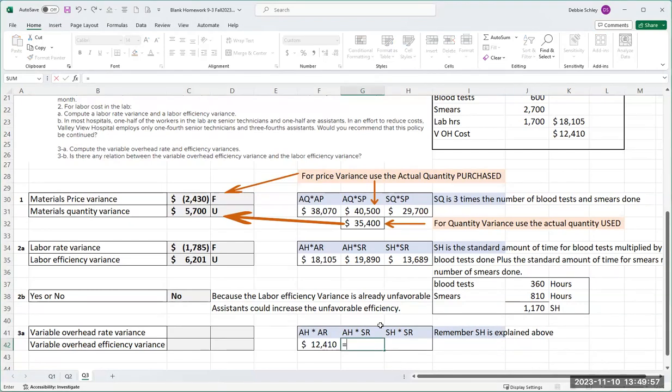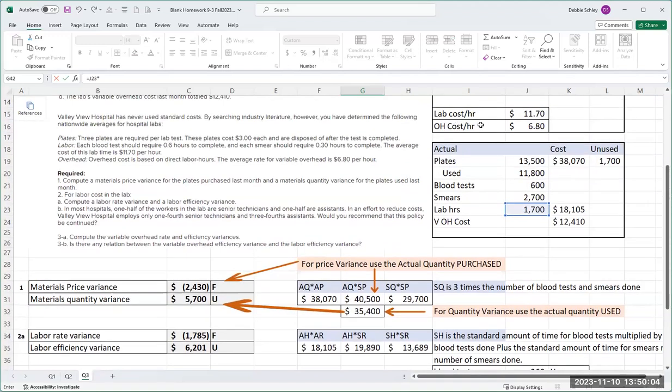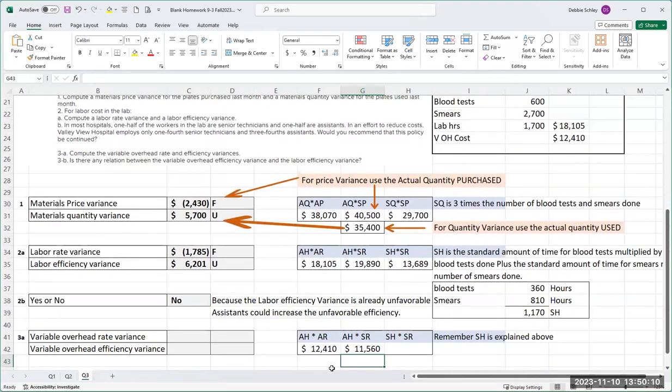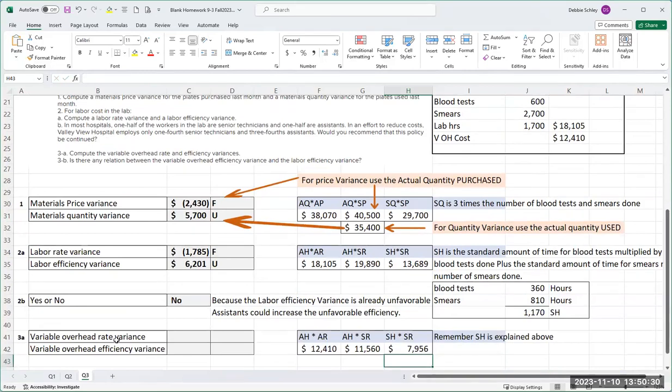So remember, it's based on direct labor hours times the variable overhead standard cost per hour. And then remember SH, we figured this out above, and it's based on direct labor hours, so I'm just going to use that number again. The SH times the standard rate of $6.80 per hour.